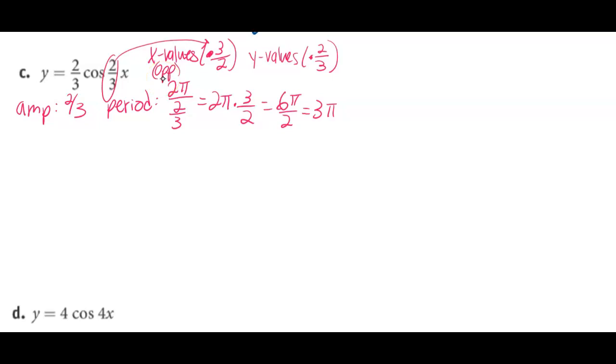Alright, so here we go. We've got our parent, 0, pi over 2, pi, 3 pi over 2, 2 pi. And then we are multiplying by 3/2.